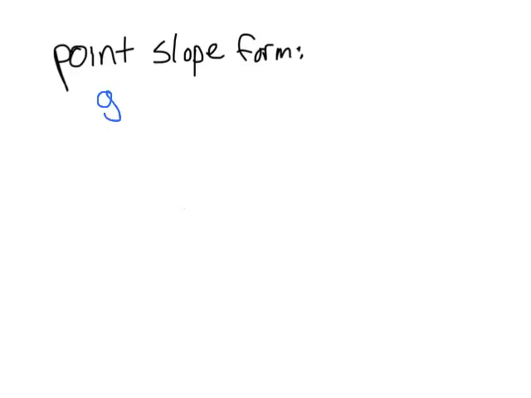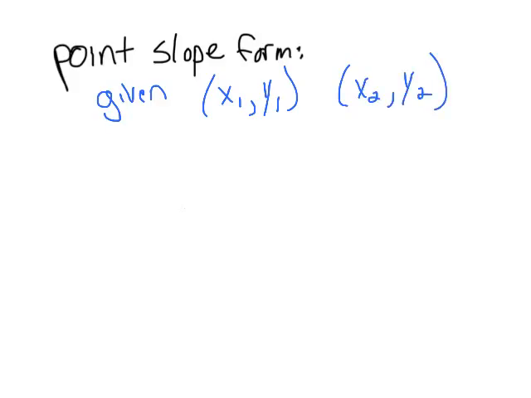So when you're given 2 points, and let's call that again x1, y1, and x2, y2. What you have to do is first find the slope. So you would calculate the slope.